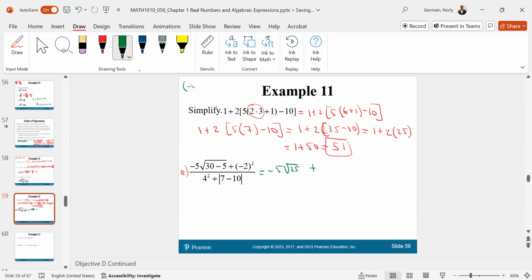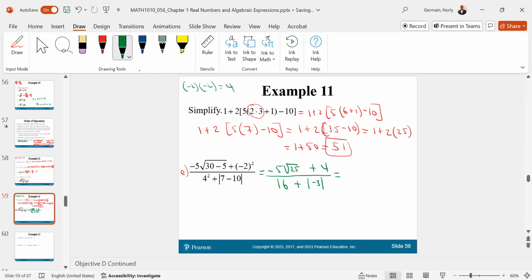Remember, -2 times -2 gives you +4, plus 4 over 4 squared. 4 times 4 is 16, plus the absolute value of 7 minus 10. Two different signs: subtract and keep the sign of the largest number. 7 minus 10 is -3.